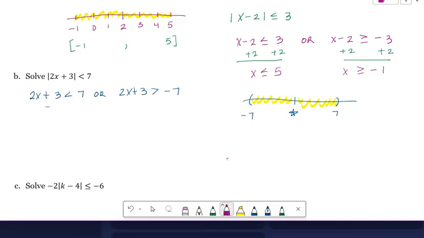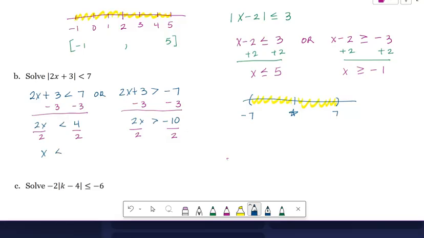All right, let's subtract 3 everywhere. So 2x is less than 4, or 2x is greater than -10. And then we'll divide by 2. So we get that x is less than 2, or x is greater than -5.